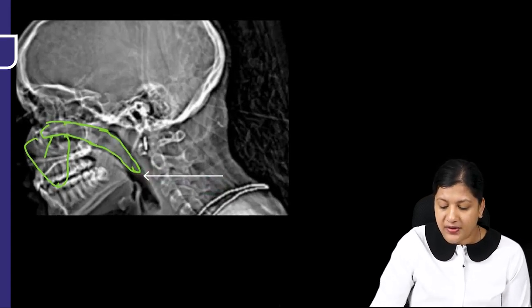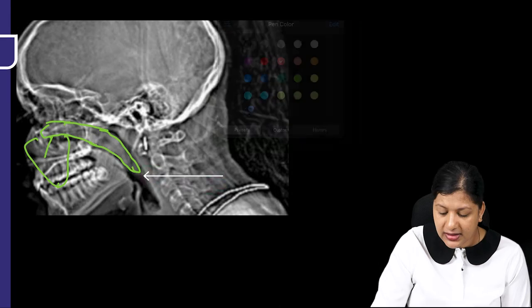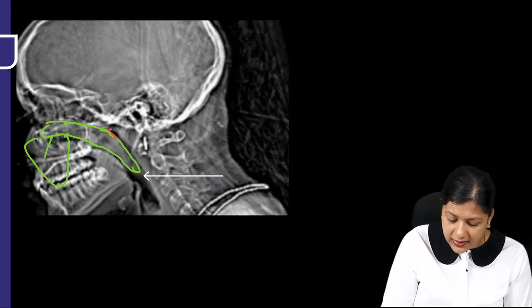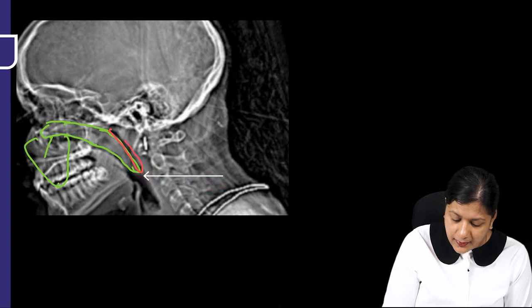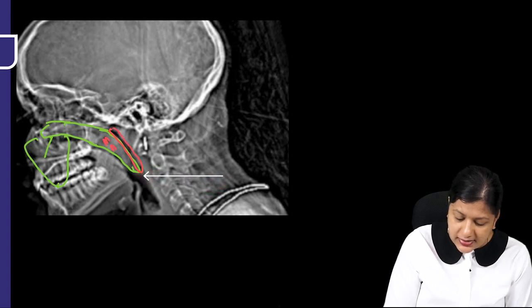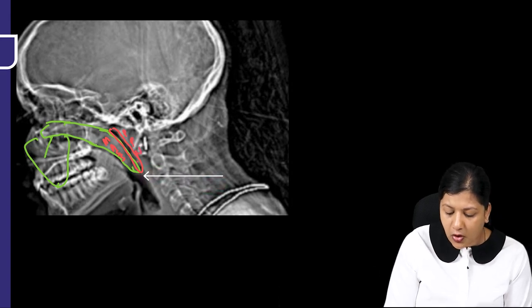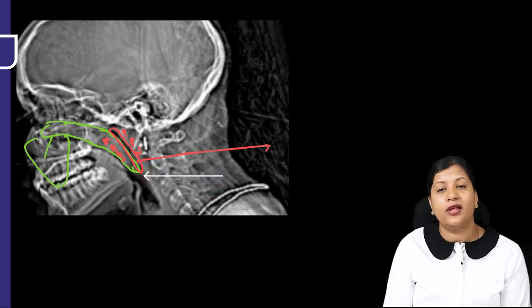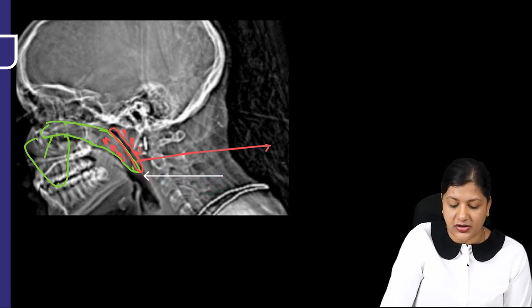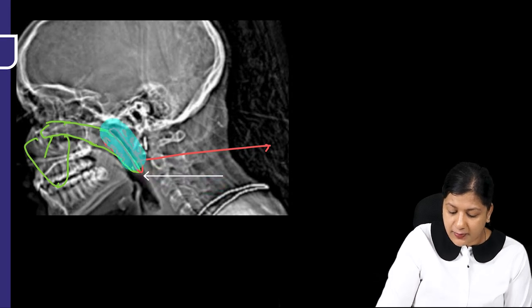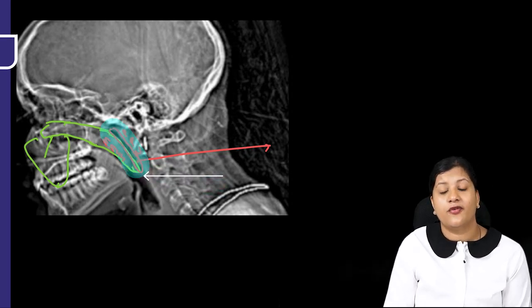But what you can appreciate here very clearly is there is a column of air, this black column of air between the mass and the posterior pharyngeal wall.